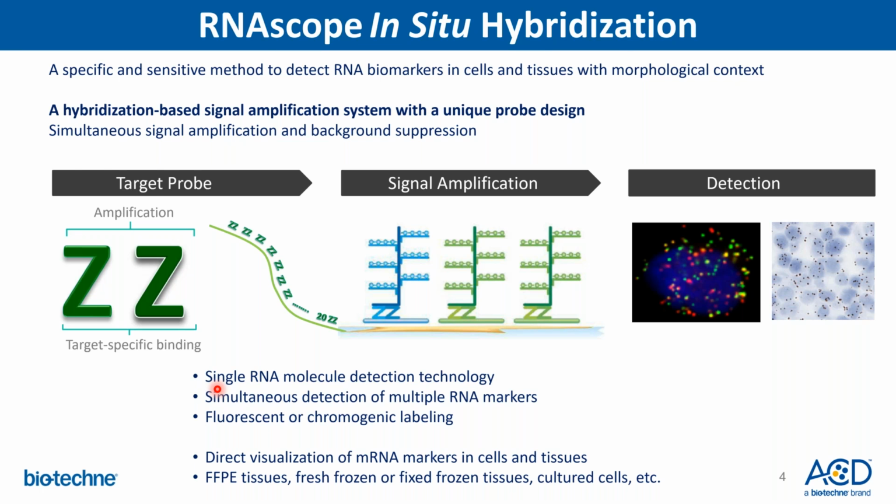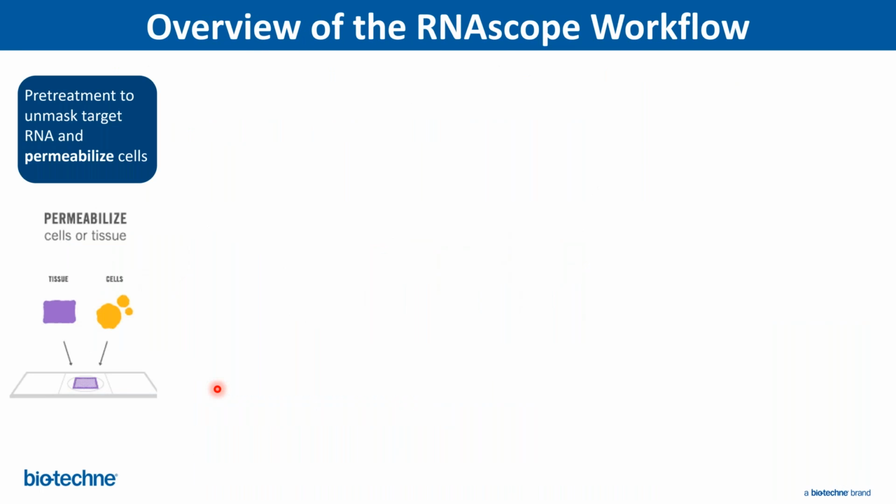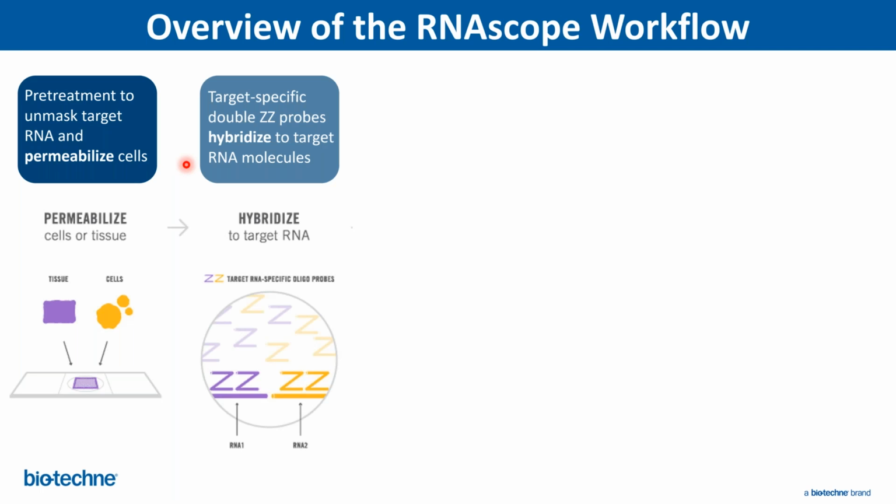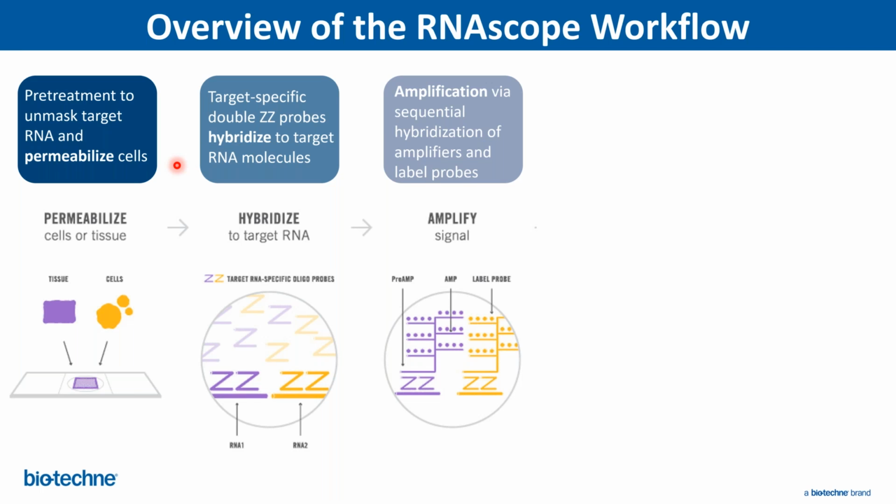So the overview of the workflow is provided on this slide. The workflow starts with a pretreatment step, which is essential to unmask the target RNA and involves permeabilization of the cells. Once the unmasking of the RNA, or the pretreatment, has been done, this will be followed by binding of target-specific double-Z probes to your target RNA molecules, followed by building of an amplification tree, which is basically sequential hybridization of amplifiers.